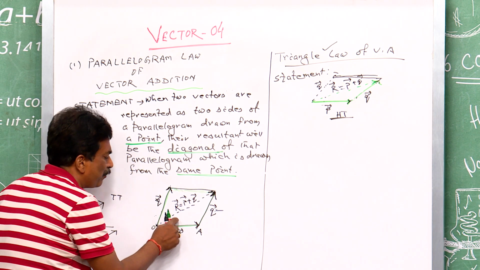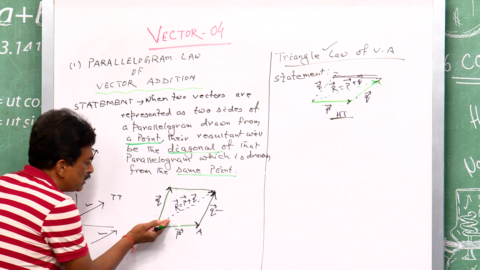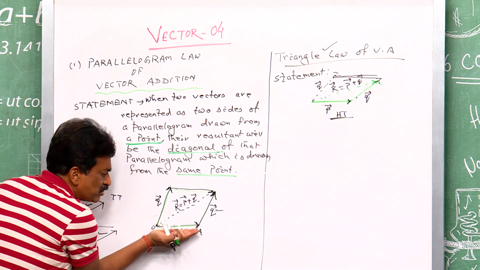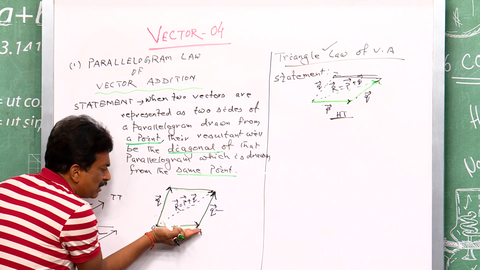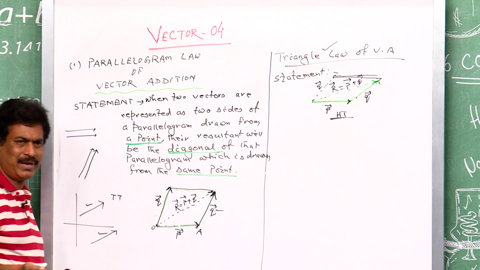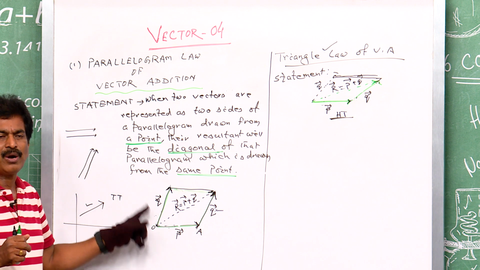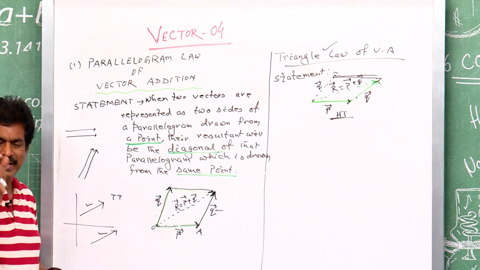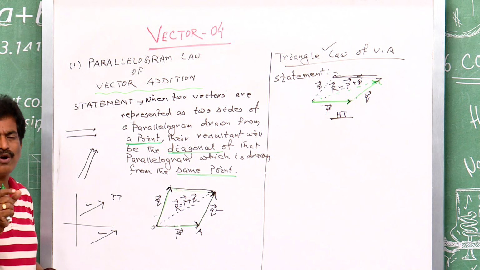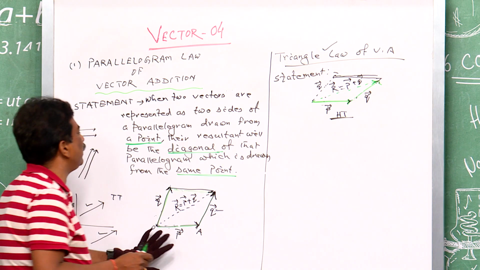Then we have to take a protractor; this angle will be its direction, because this is the resultant vector and this is the base vector, the original vector. The angle it makes with the original vector is its direction. To determine that, you need some apparatus. But if some quantities are provided, how do we calculate? For that we need the analytical method.